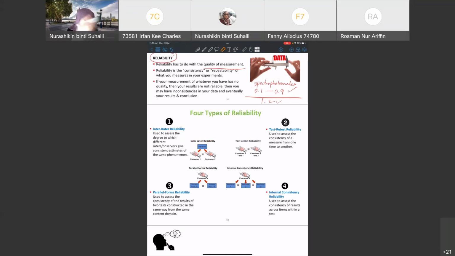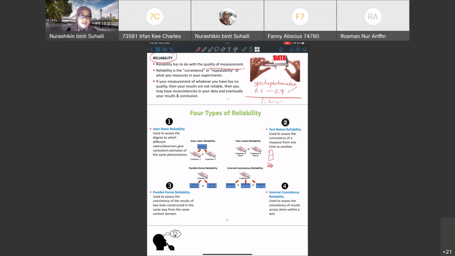Okay, test-retest reliability. Test-retest reliability maknanya the same person, the same sample, you test lagi. Contohnya, let's say you test sample 1, the same sample, at one time, and then you test lagi at some time later.